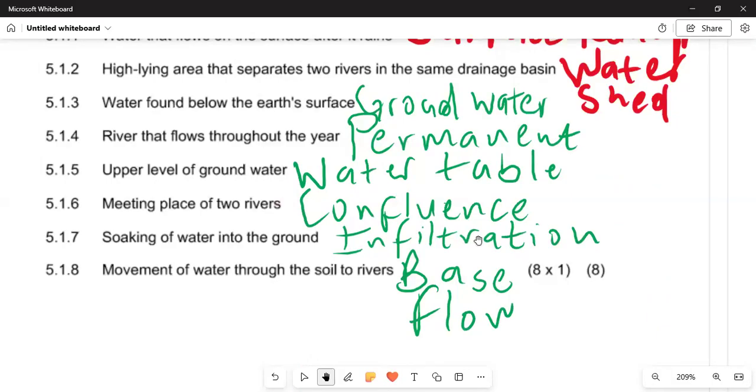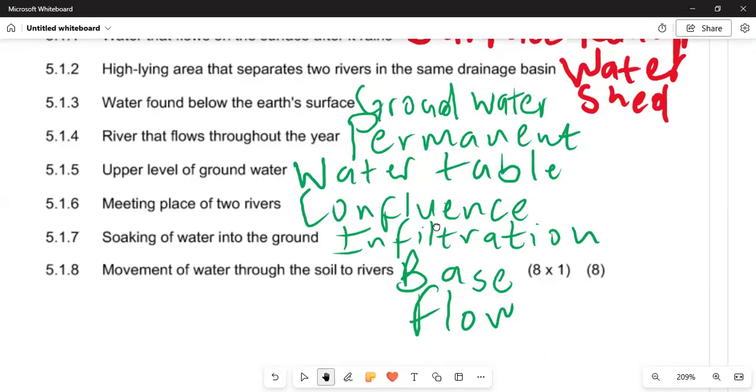So when we are moving to 5.1.8, the movement of water through the soil to the river, that is the base flow. So through the soil to the river, that is called the base flow. And then you have your marks.